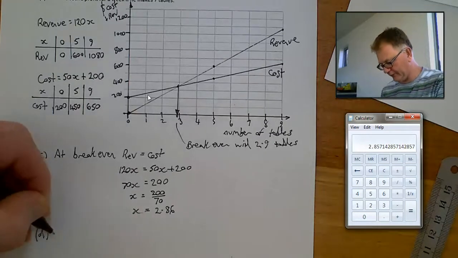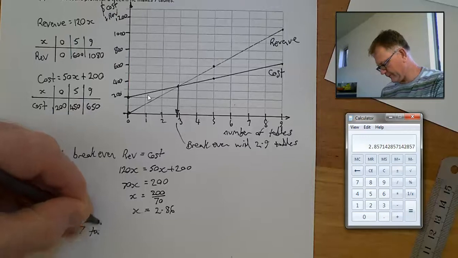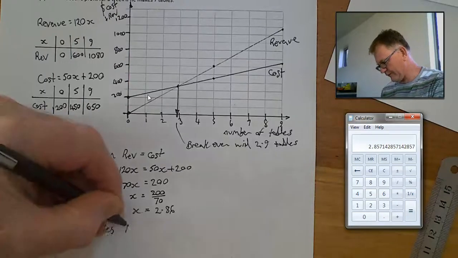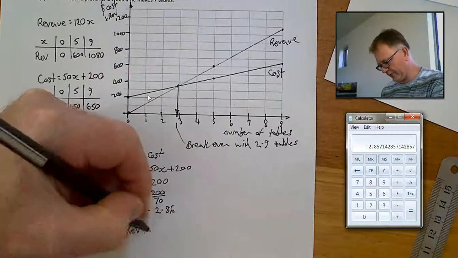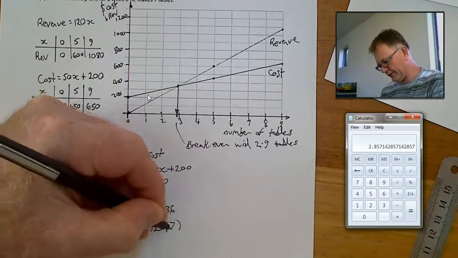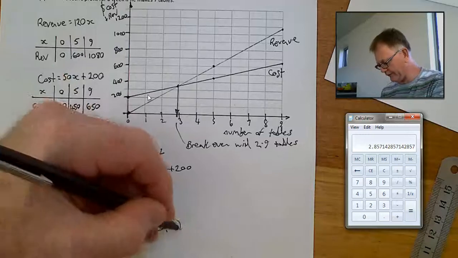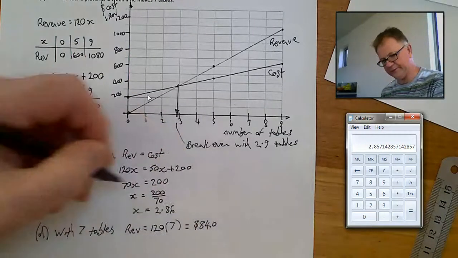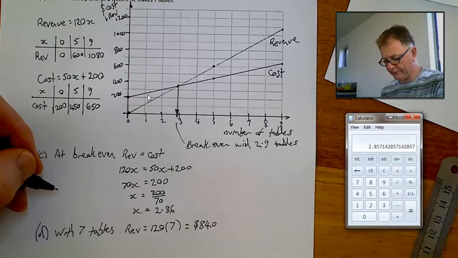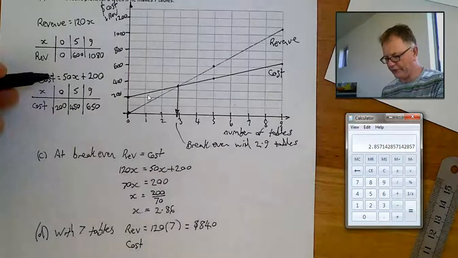So with 7 tables, the revenue that he gets, the amount of money he gets from selling them, is equal to 120 times 7. And 120 times 7, I've worked out beforehand, equals $840. The cost of producing 7 tables, I can work out from this cost equation here.